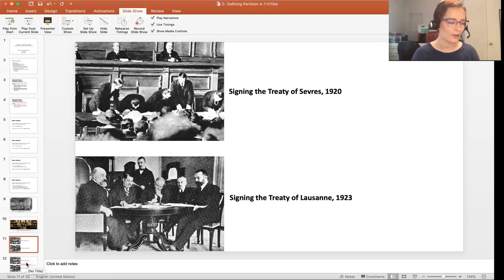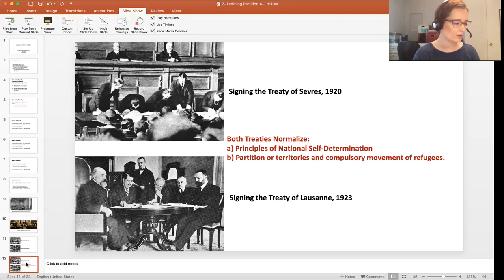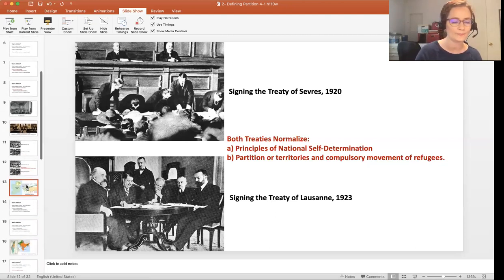So where Sèvres, in short, created a new map of the world and named its proper nationalities on the basis of national self-determination, the Treaty of Lausanne instituted a partitioning of territories and the compulsory movement of peoples like refugees in order to fit the map, okay? So Sèvres created the map, Lausanne moved people like they were chess pieces on the map, okay? And this is the basis of the 1920s partitions.